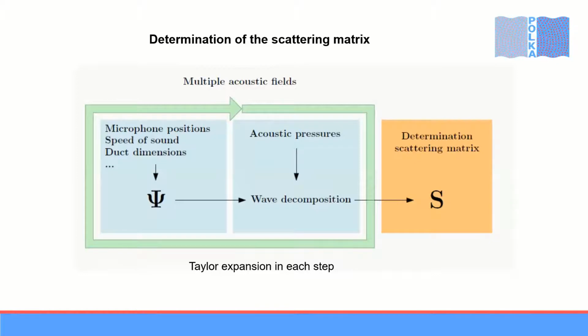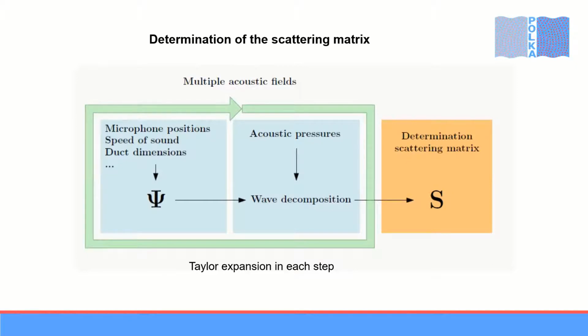One example we will see later on also for this two microphone method. Basically, this scattering matrix determination builds on this, because we do the wave decomposition for plane waves, the same as you've been testing.